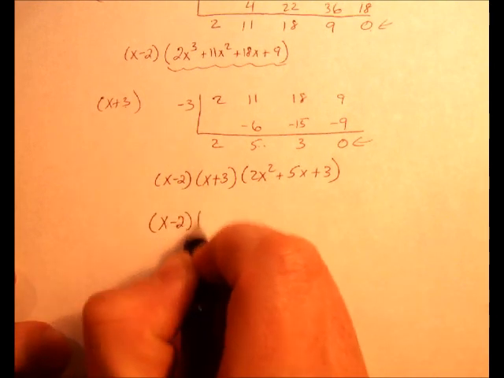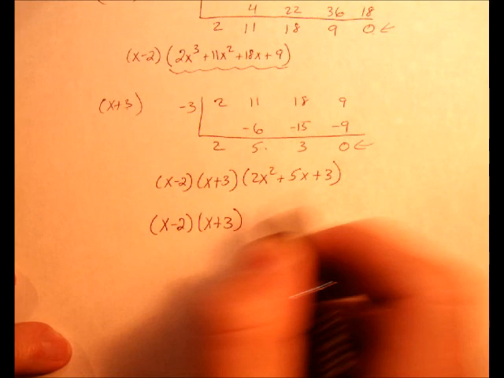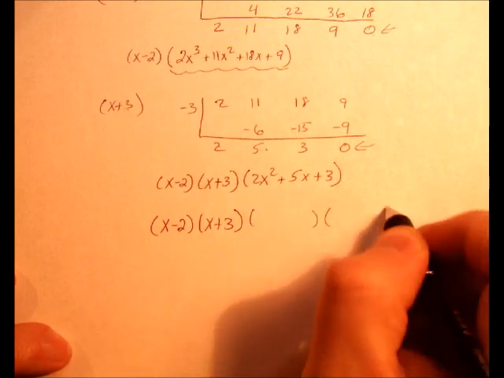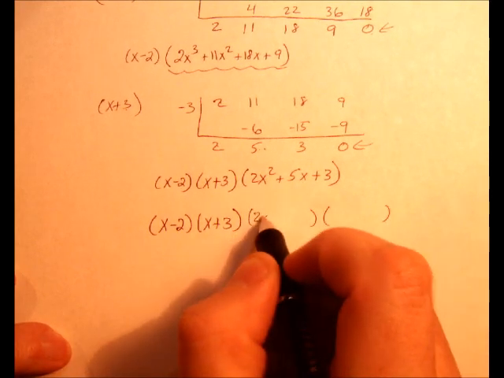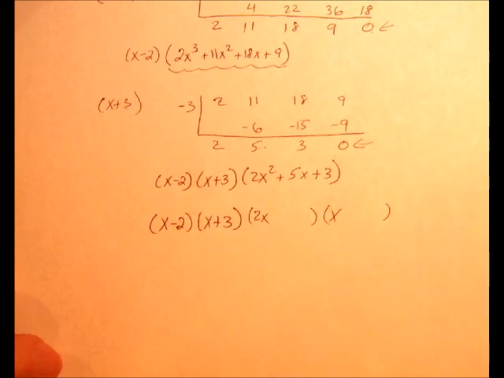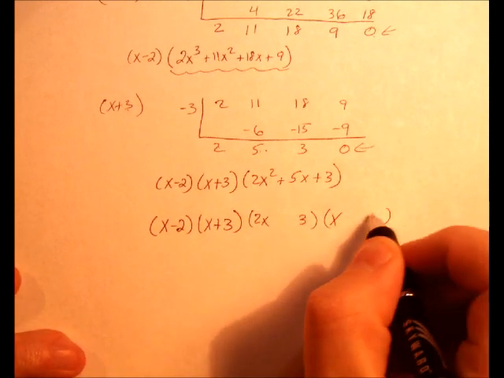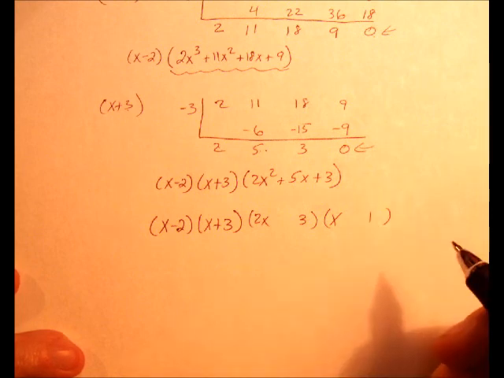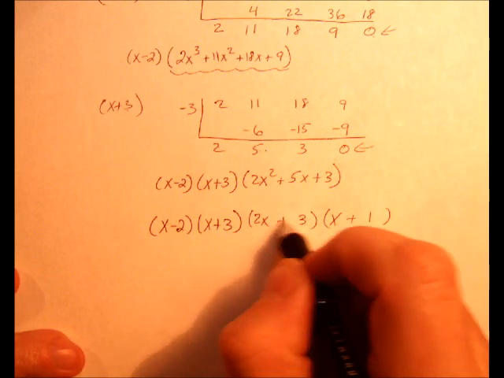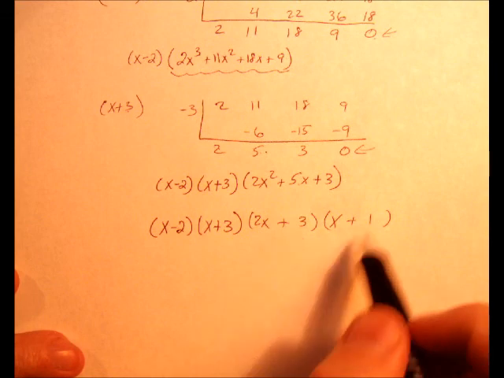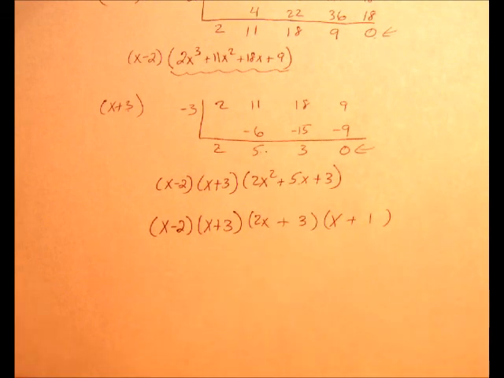So I'm going to write out those first two. We know, of course, the factors of 2x squared are 2x and x. Factors of 3 would be 3 and 1. I'm going to do 3 and 1, with a plus and a plus, and that'll get you to the 5x, the 2 and the 3 get you to the 5x.